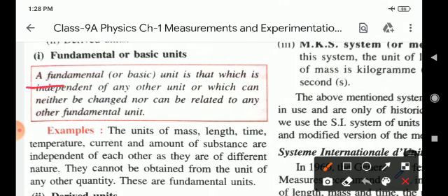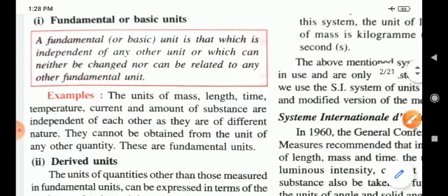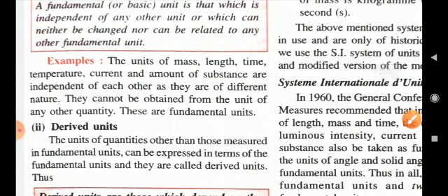Please remember it. Example, the units of mass, length, time, temperature, current and amount of substance are independent of each other as they are of different nature. They cannot be obtained from the units of any other quantities.